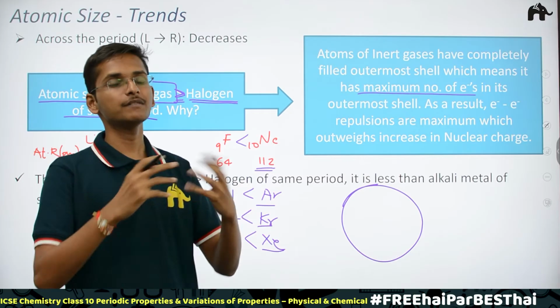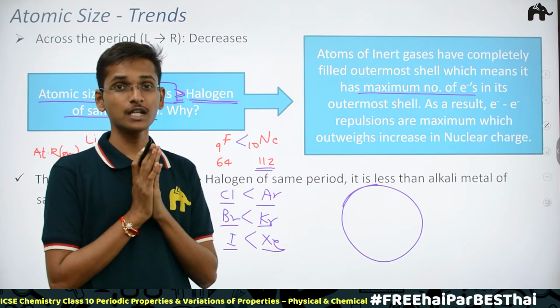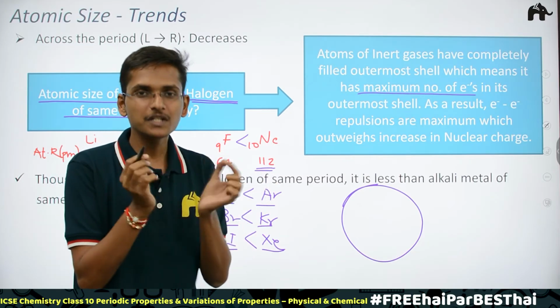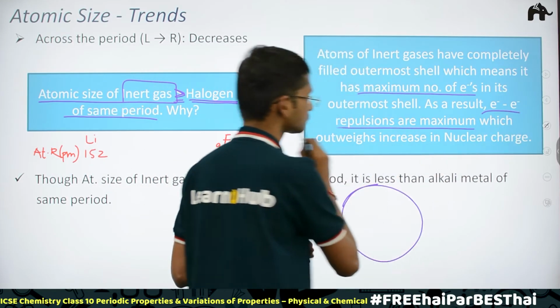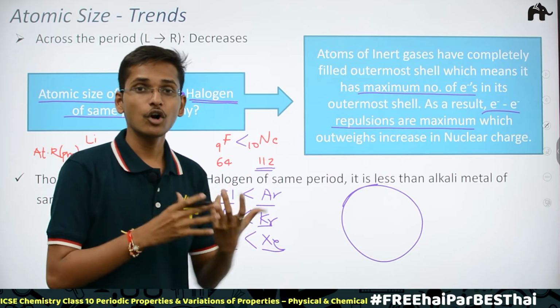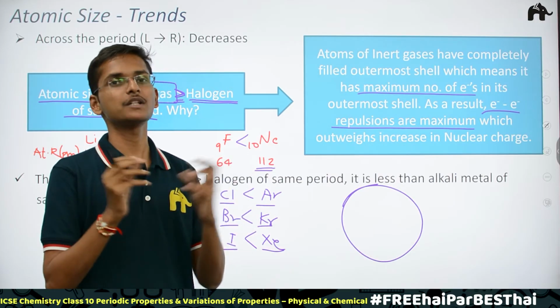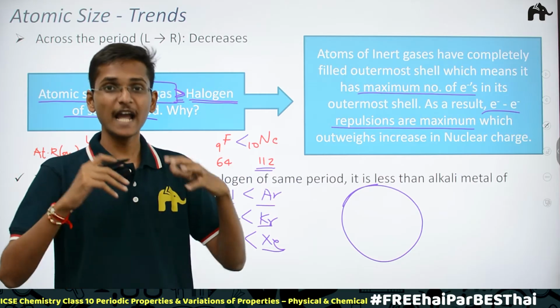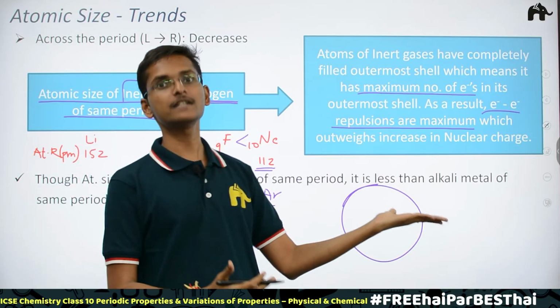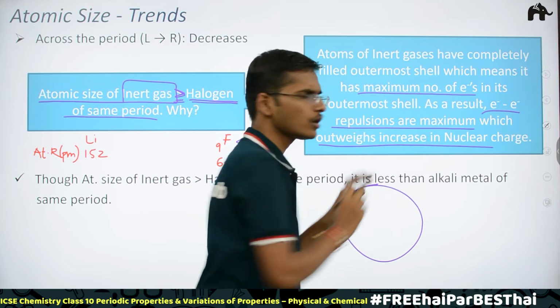Now, because they have the maximum number of electrons in their outermost shell, the electron repulsion is also maximum. Because of these maximum electron repulsions, they are actually outweighing the increase in the nuclear charge. Now what does this mean?